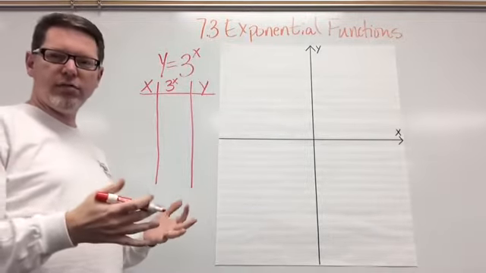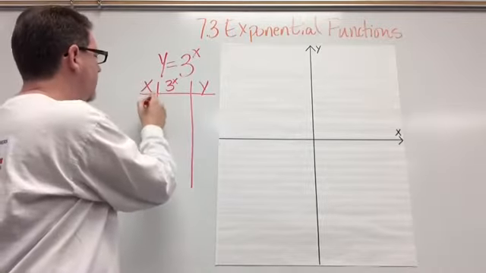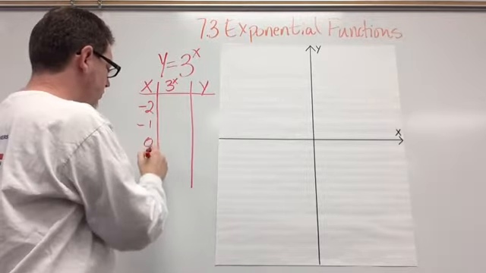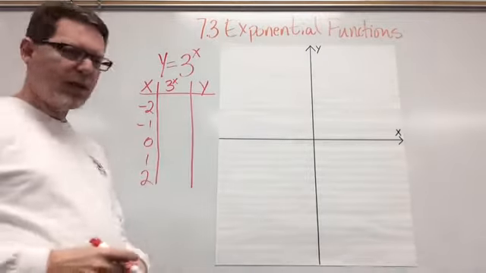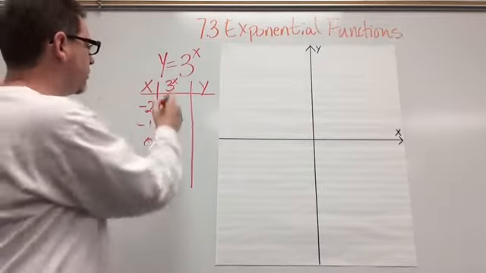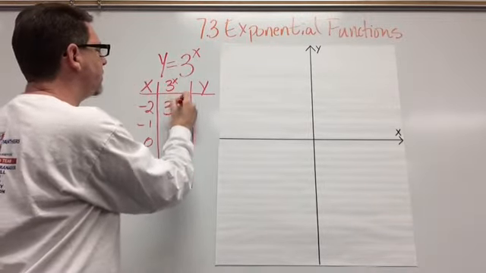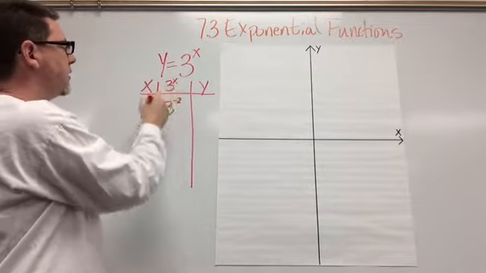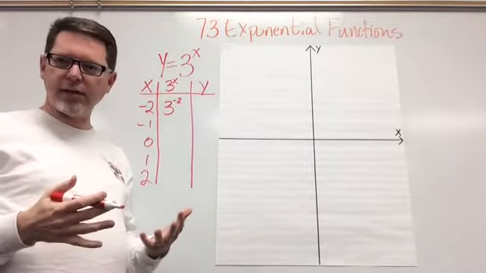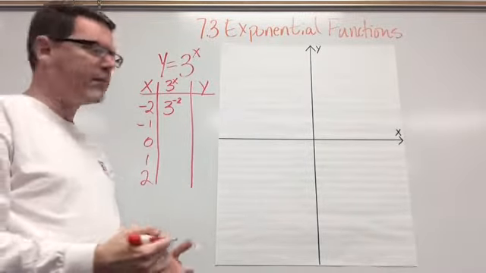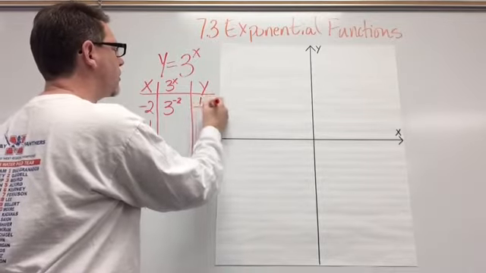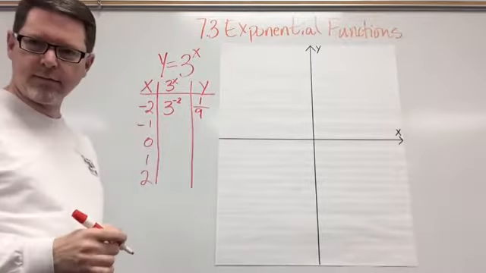And like we normally do when we graph anything, we're going to start with -2, -1, 0, 1, and 2. So if I'm going to start with -2, I'm going to say 3 raised to the -2 power, because x is -2. And I know from negative exponents that means I need to move it down to the denominator. So it's going to be 1 over 3 squared, which is 1/9.